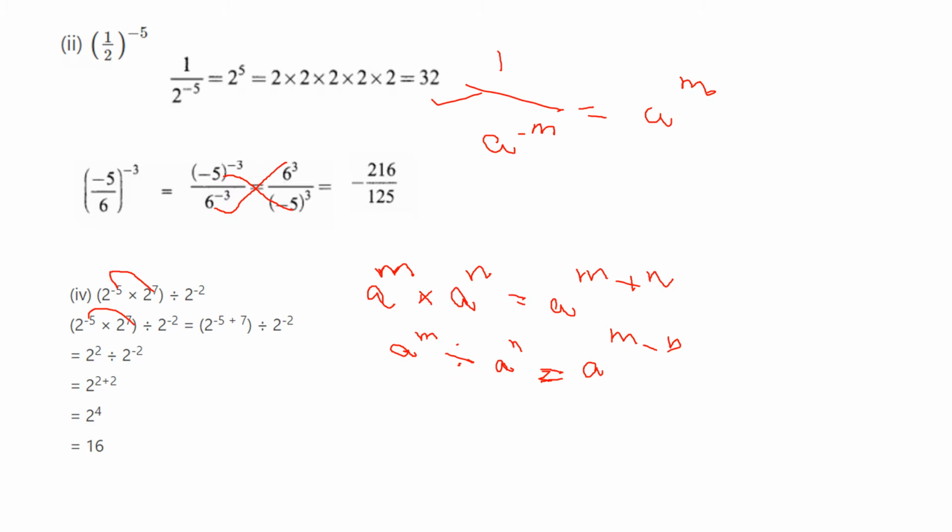So 2 minus of minus 2. That is minus into minus plus, therefore 2 plus 2. 2 to the power 2 plus 2, 2 to the power 4. Therefore 16 is the answer. Here we used two identities.